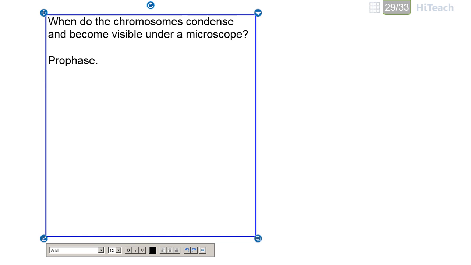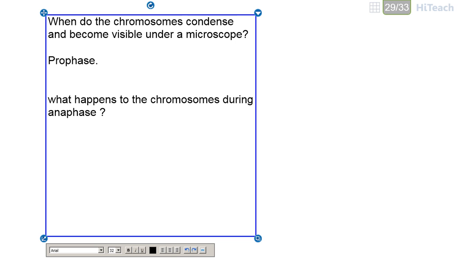Another question I'm going to ask: what happens to the chromosomes during anaphase? These questions might come as multiple choice questions, right?